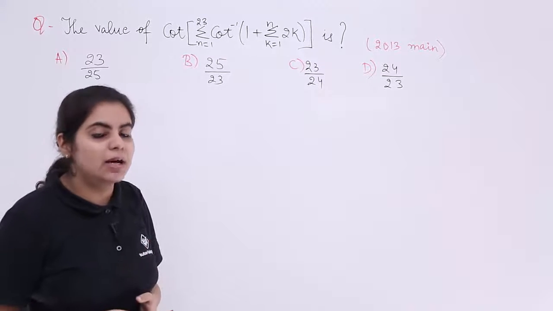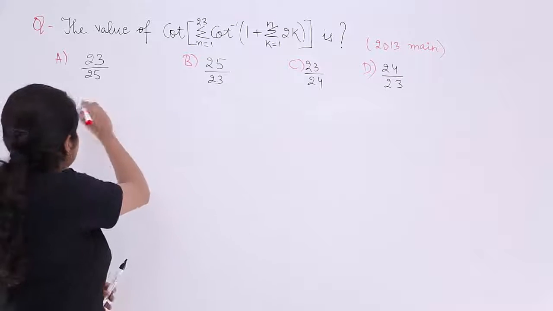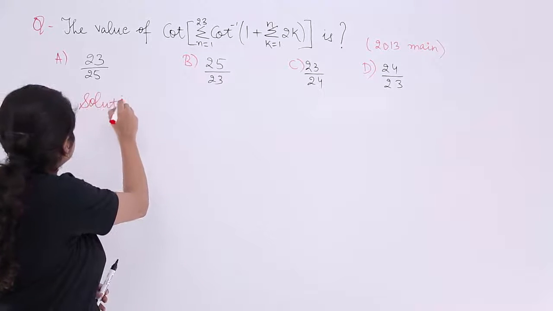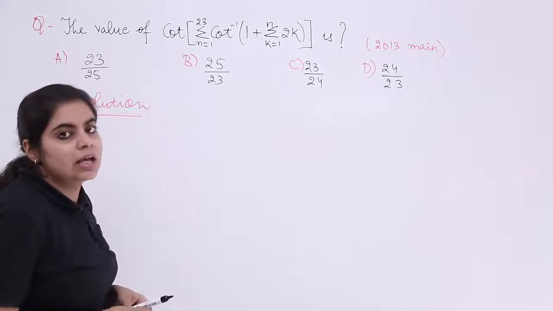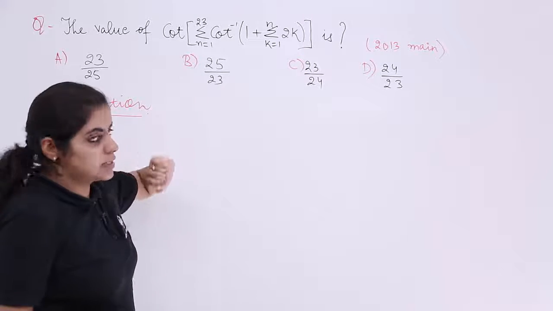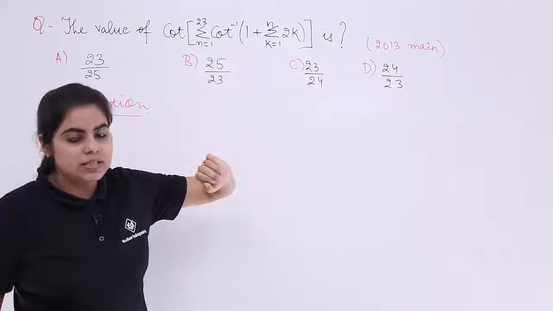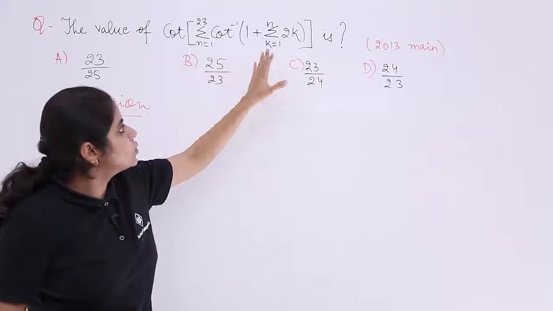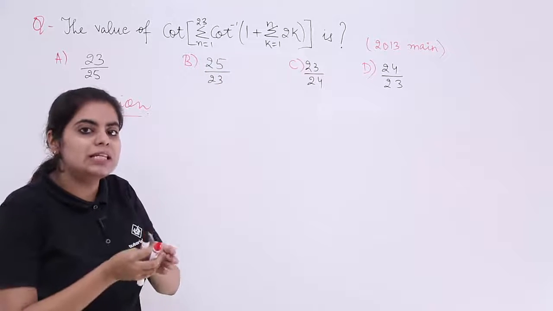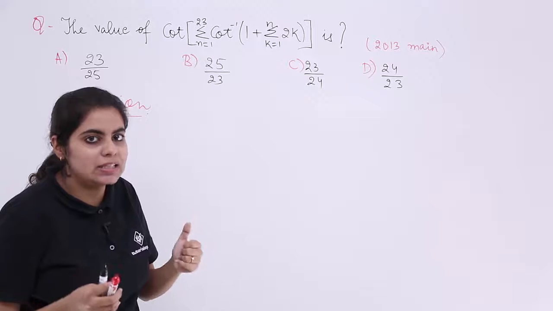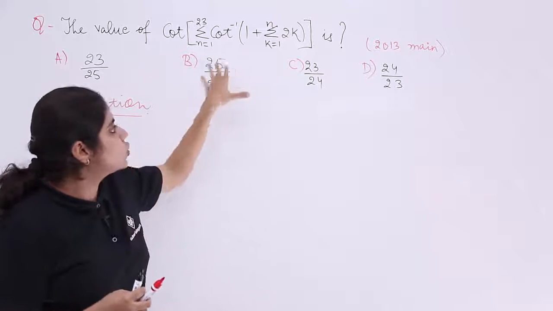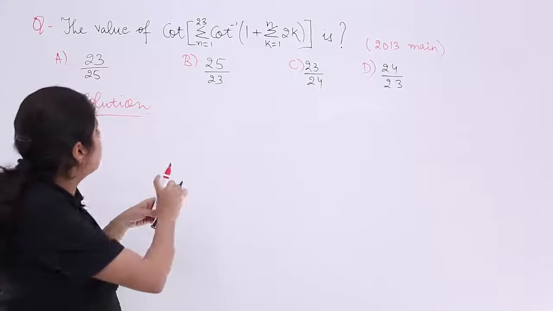Let's get started by this question solution. I put the heading as solution. Now, I have cot outside, cot inverse inside, and the summation also there. So, I basically have to open the bracket and use the knowledge of the summation symbol. So, the question becomes what?